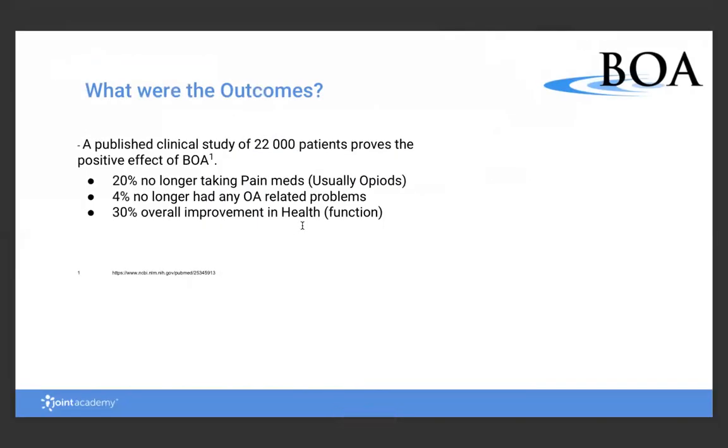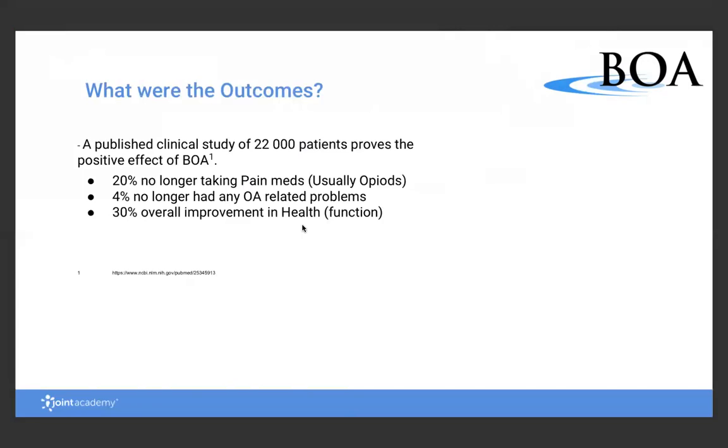So they took 22,000 patients and published a paper, and they found that 20% of the patients who came in were taking pain medication at intake, and in a lot of cases, the pain medication were opioids. 20% were no longer taking pain medication. I think it's after 6 weeks. After 1 year, 4% no longer had any osteoarthritis-related symptoms. So they were cured in a sense. They didn't have any problem. They didn't even relate to their knee or hip pain at all. And there was a 30% overall improvement in health.